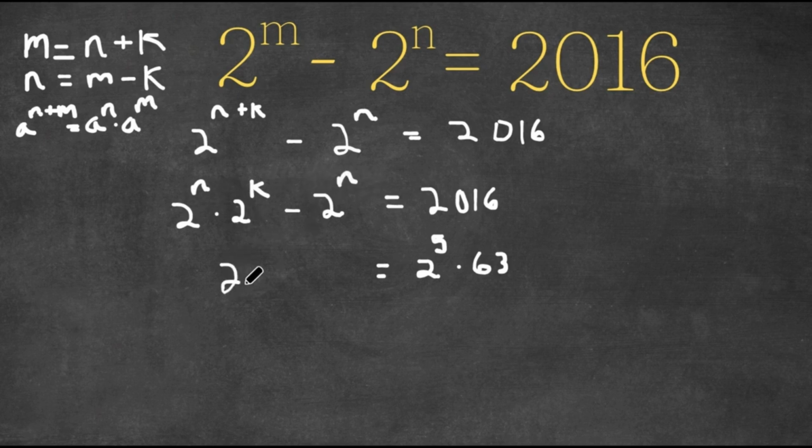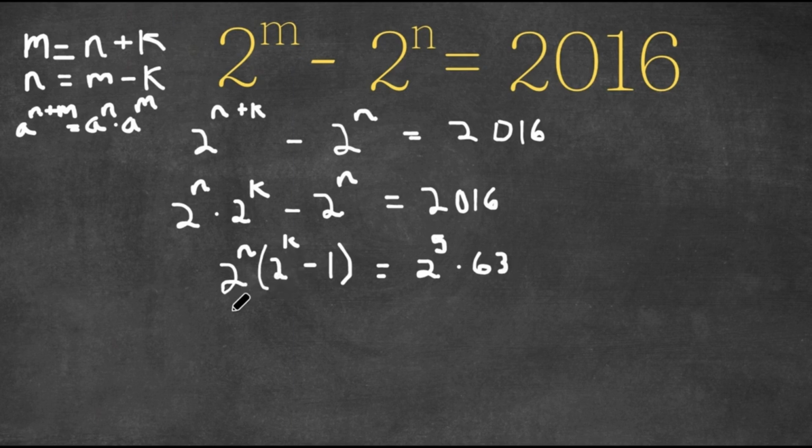So if I factor out 2 to the power of n, I get 2 to the power of n times 2 to the power of k divided by 2 to the power of n, which is simply 2 to the power of k, and 2 to the power of n divided by 2 to the power of n is 1, so minus 1. So we get 2 to the power of n times 2 to the power of k minus 1, and this is still equal to 2 to the power of 5 times 63.